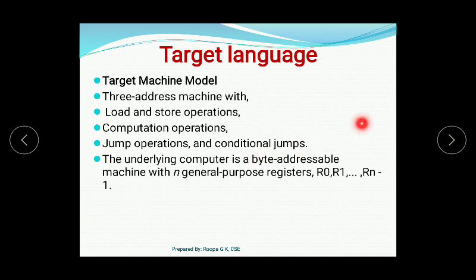It is a byte addressable machine with n general purpose registers R0, R1, R2 up to Rn minus 1. This is the target machine model, or the abstract model, for the discussion.